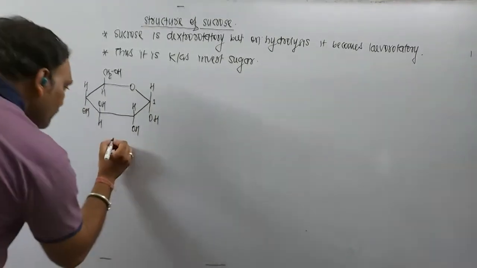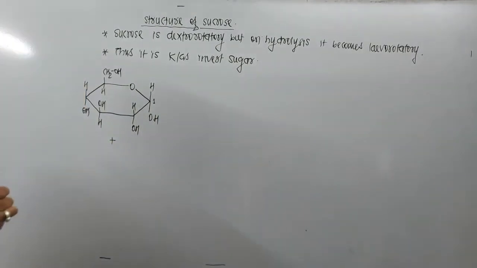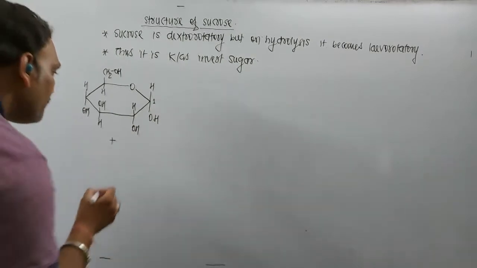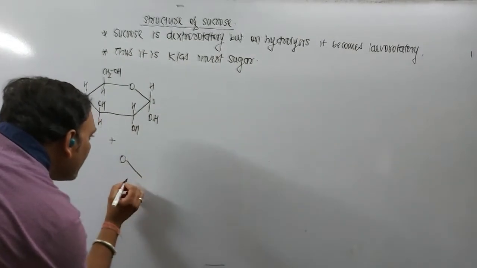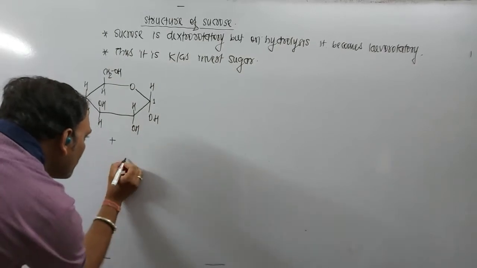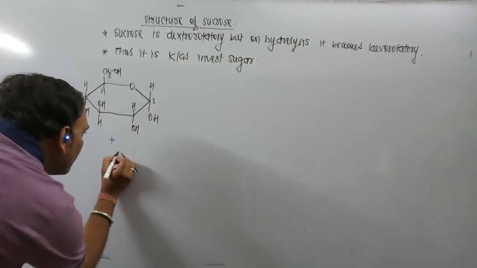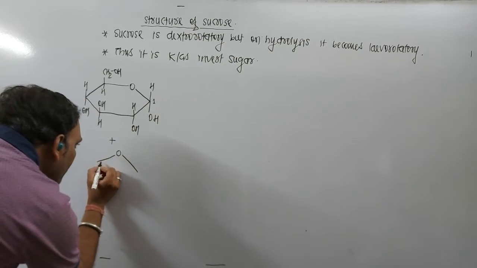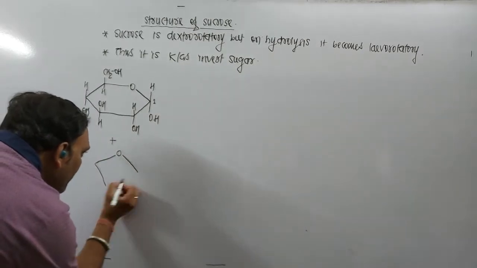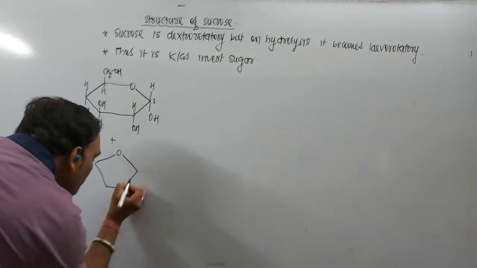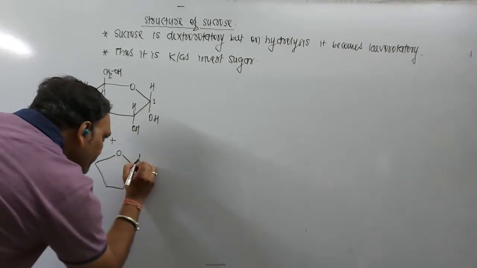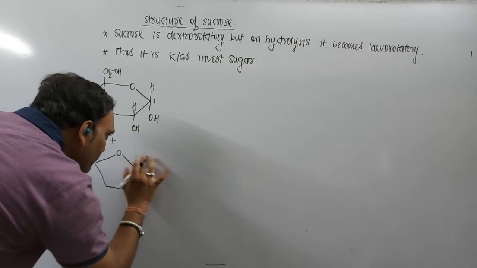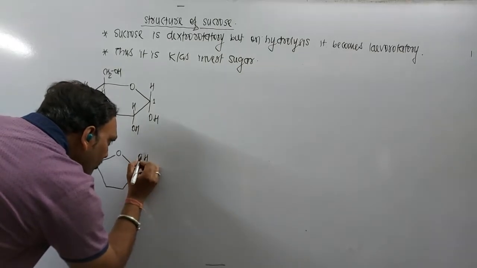Now, we need to blend this with what? Beta D fructofuranose. So, allow me to draw the beta D fructofuranose. So, remember, this can be the beta D fructofuranose. Now, as we are drawing the beta anomer, the OH group should be present on the left side of the anomeric carbon.